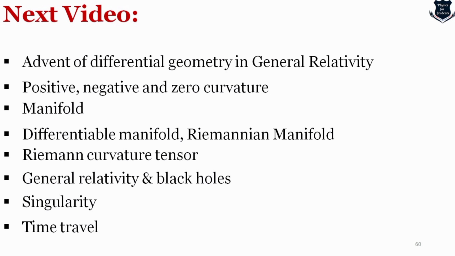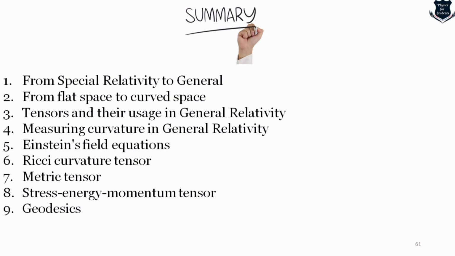And Riemannian manifold, what is the Riemann curvature tensor exclusively, how general relativity predicts black holes, what is the singularity of a black hole, and is time travel around a black hole possible or not. So these are the second bit, and only then will we be able to cover the fundamental concepts of the general theory of relativity. I will be soon posting these topics in a fresh new video.